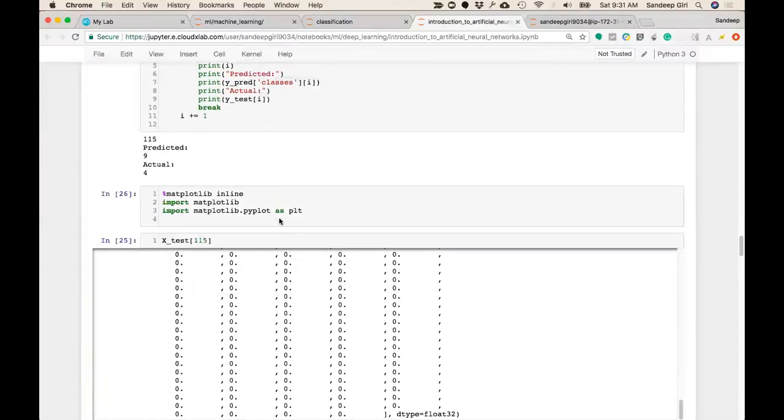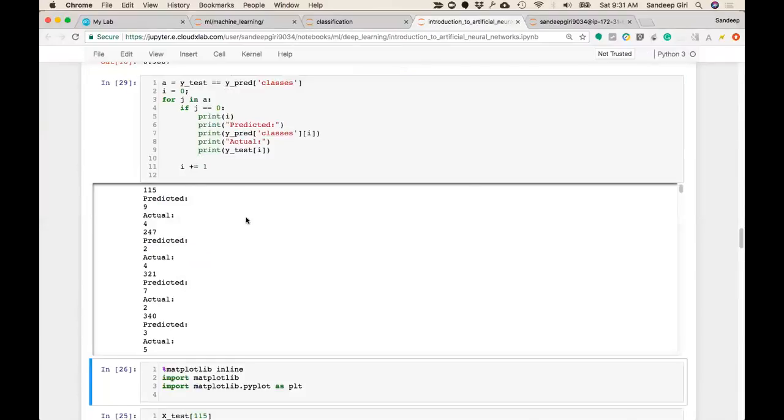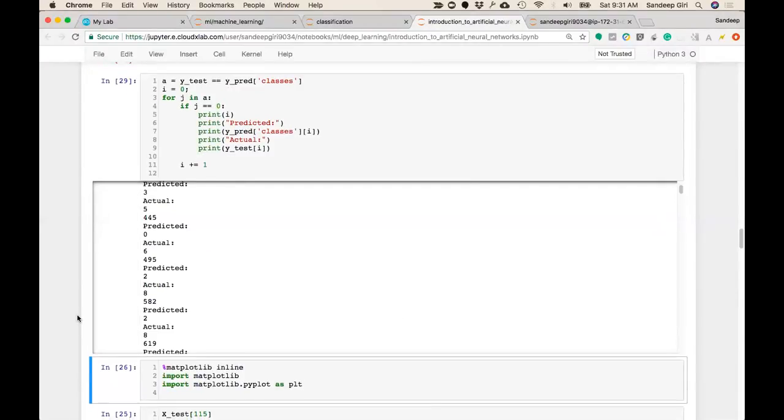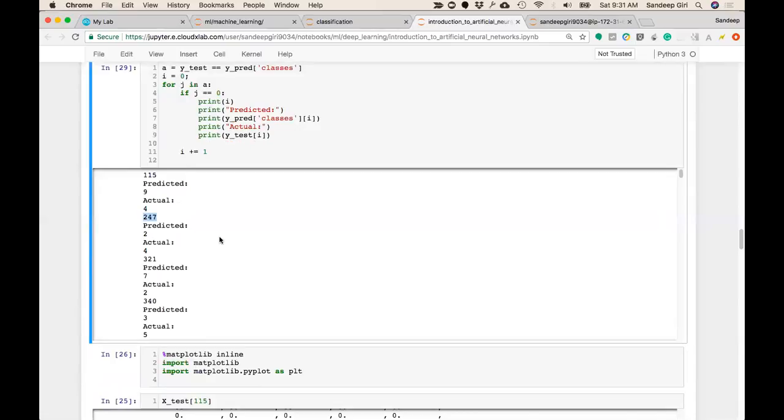All right, so if we don't break here, we could actually take a look at, say, in case of 24. I can actually print it, something like this.